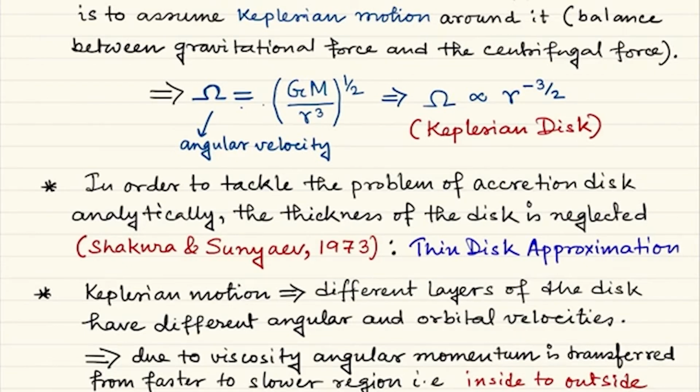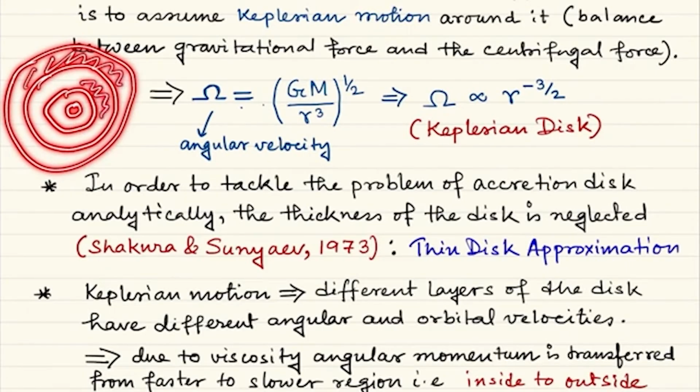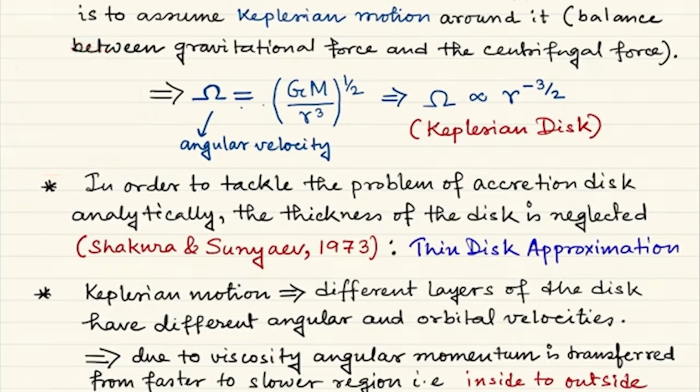Now if we consider that the fluid is viscous, then what happens? As the disk is made up of different layers having different angular velocity and different linear velocity, they should have a relative orbital velocity and a relative angular velocity as well.